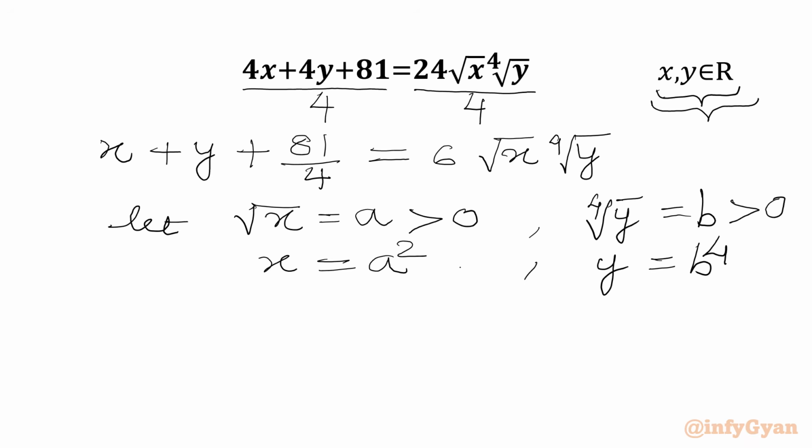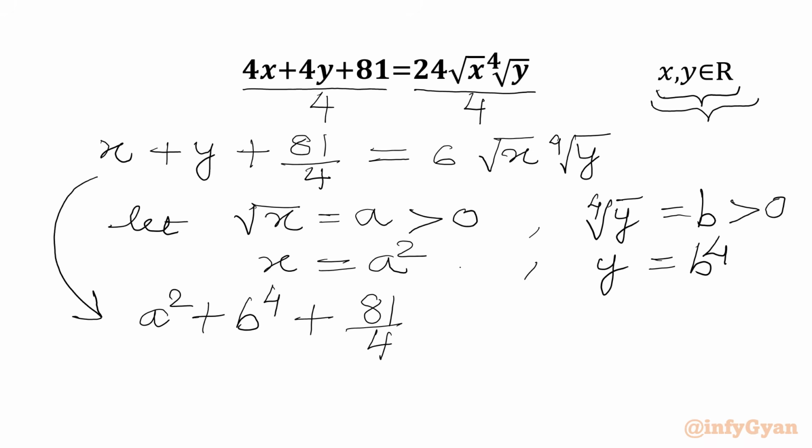Now x is a square, y is b power 4. We will write our equation in variables a and b. So we will write a square plus b power 4 plus 81 over 4 equal to 6 times square root x is a, 4th root y is b.